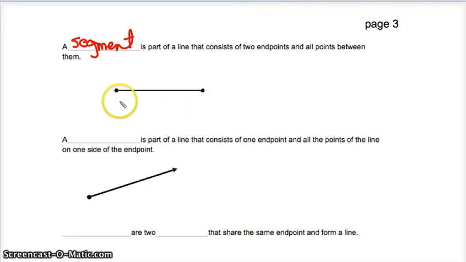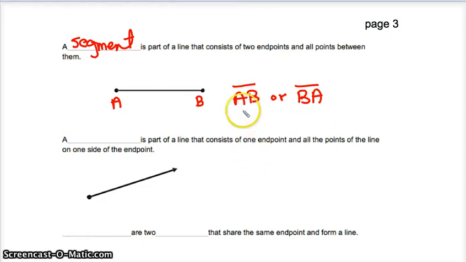Now some notation. If I call these points A and B, this would be segment AB or segment BA. Notice I can write those endpoints in any order, but above I have a segment with arrows on neither end, and this shows that it stops at 2 endpoints.